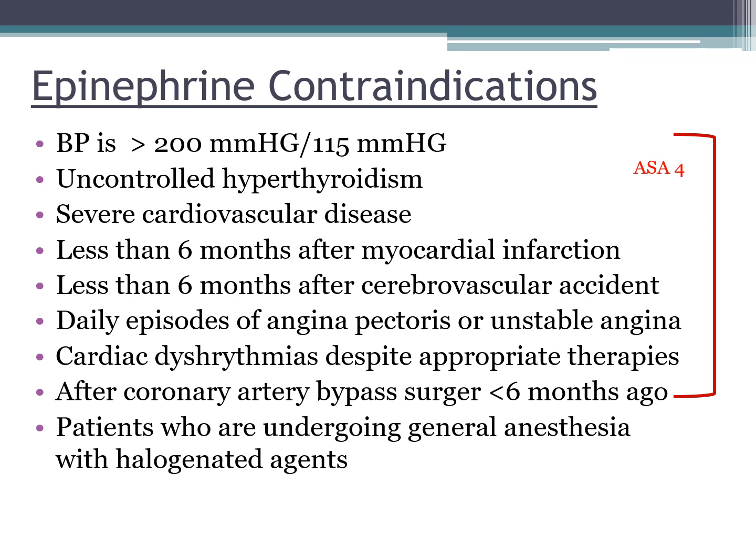Uncontrolled hyperthyroidism, severe cardiovascular disease, less than 6 months after a heart attack, less than 6 months after a cerebrovascular accident, daily episodes of angina pectoris or unstable angina, cardiac dysrhythmias, coronary artery bypass surgery less than 6 months ago, and patients who are undergoing general anesthesia with halogenated agents.